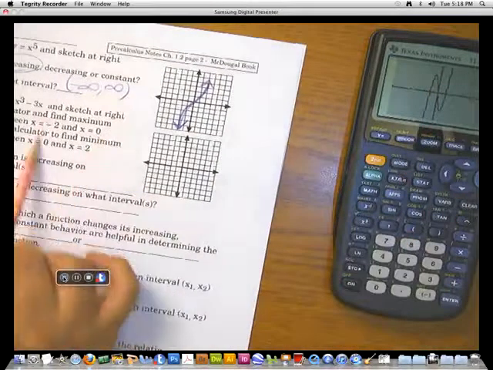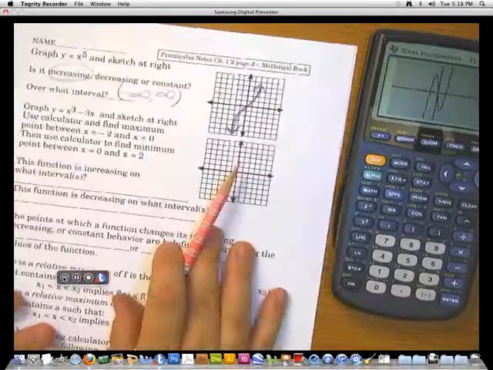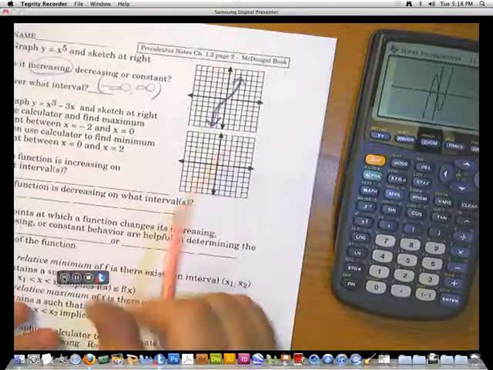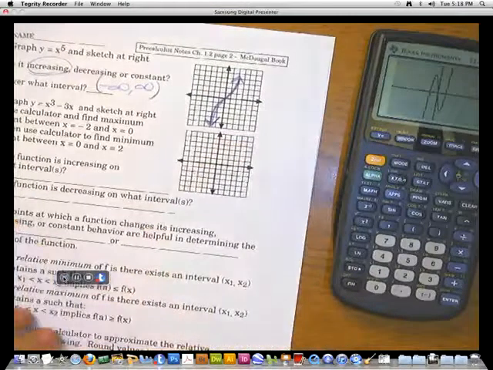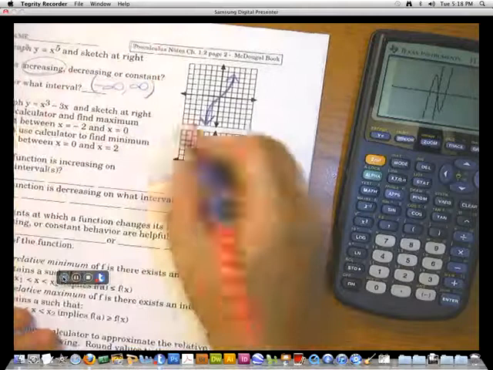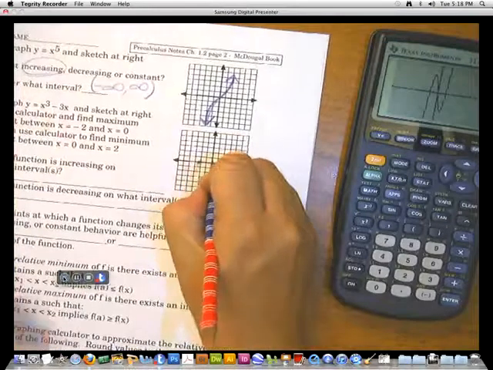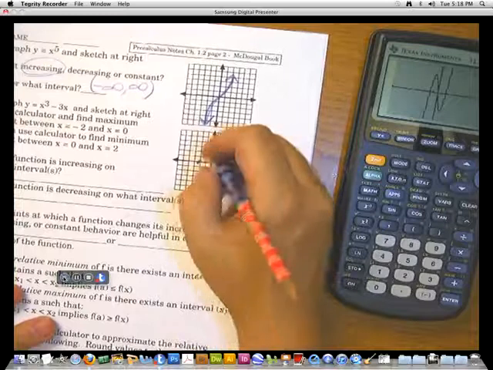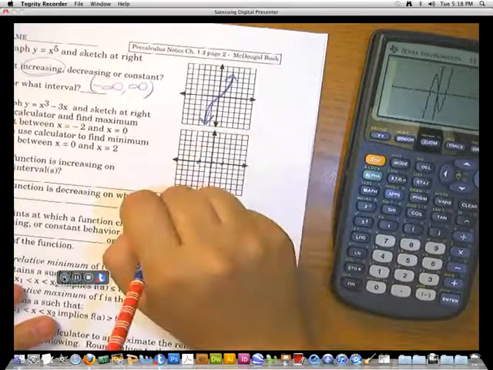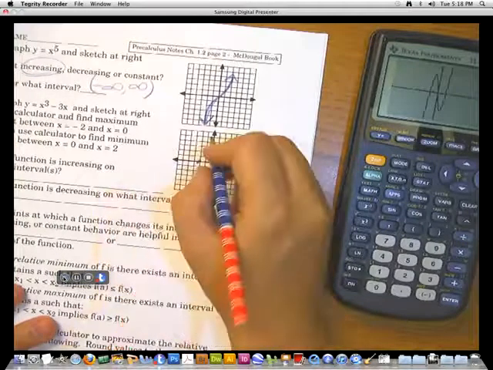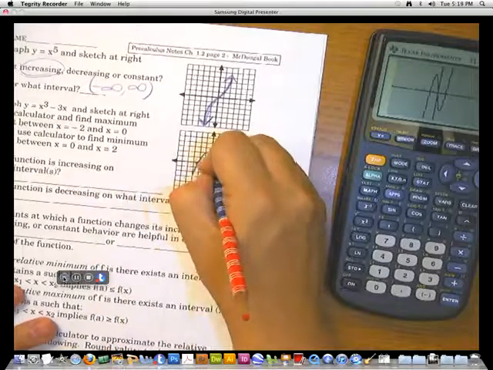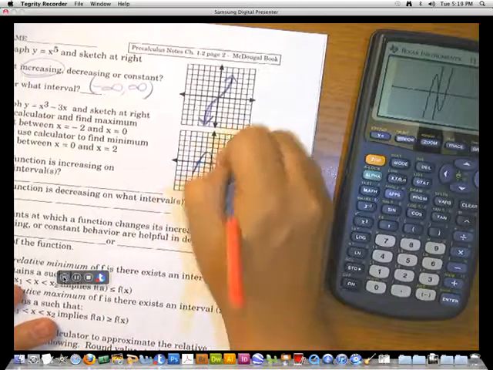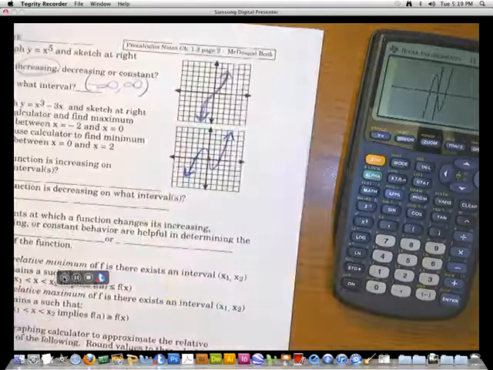It does give us that information within the note packet here at -2 and at 0 and at +2. It looks like it's coming up in between here, so something like this.